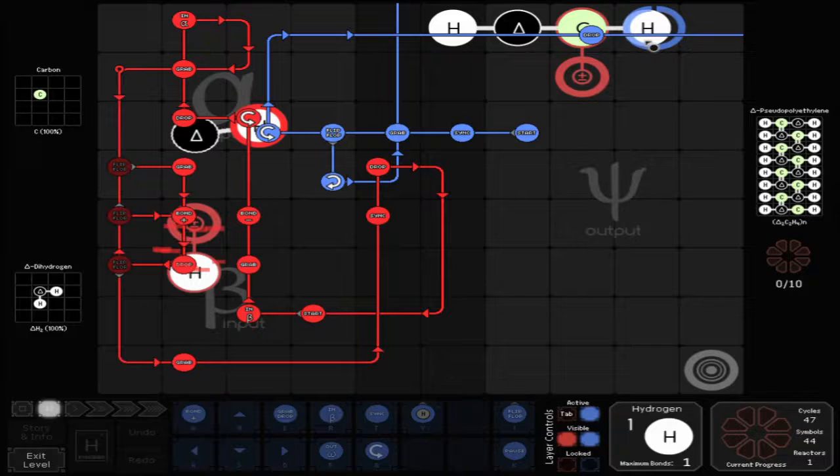So I need to bond twice. And then pull the molecule one to the left, or to the right? Okay.